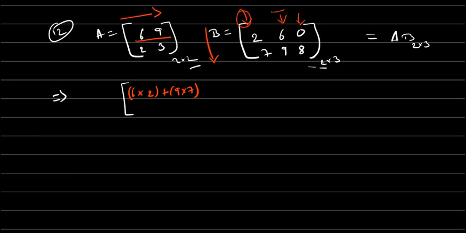Okay, 6 into 2, no, should start with here itself: 6 into 6 plus 9 into 9. Again we leave some gap: 6 into 0 plus 9 into 8.